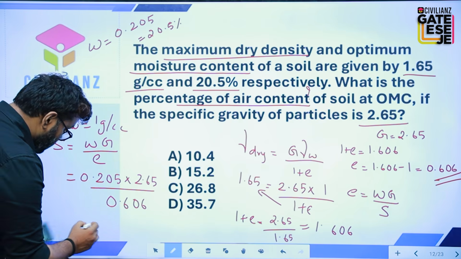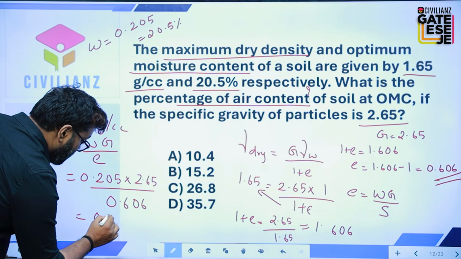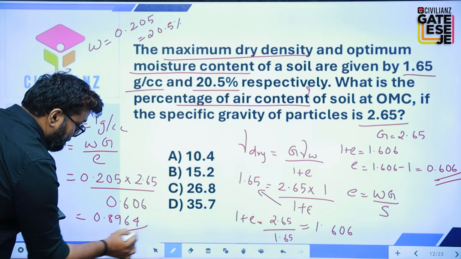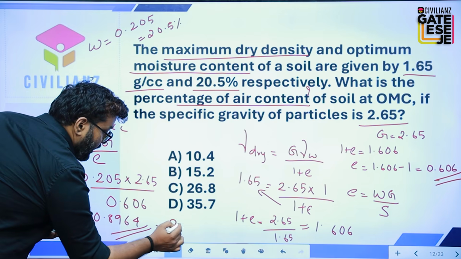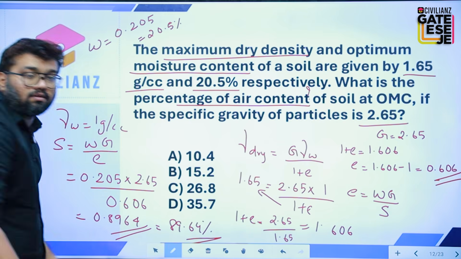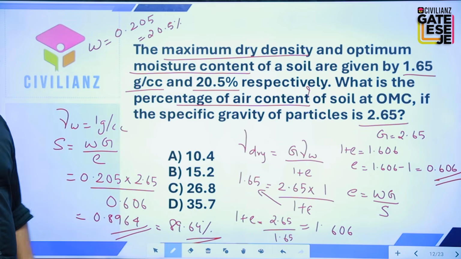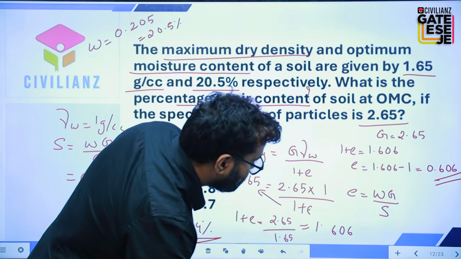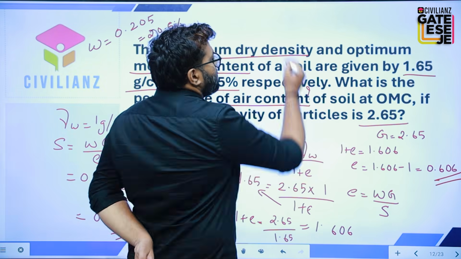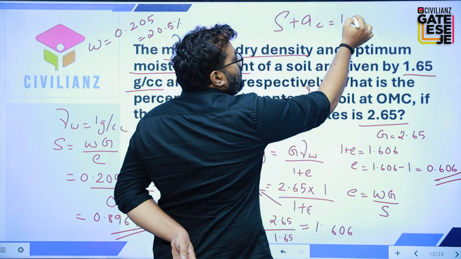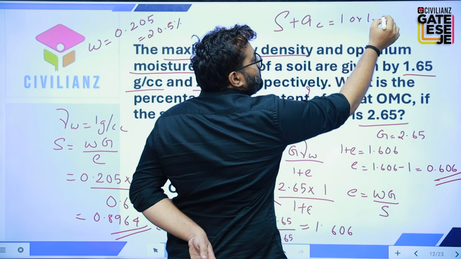We got the value as 0.8964, which is equal to 89.64%. So S is 89.64%. We all know that S plus AC is equal to 1, or 100%.